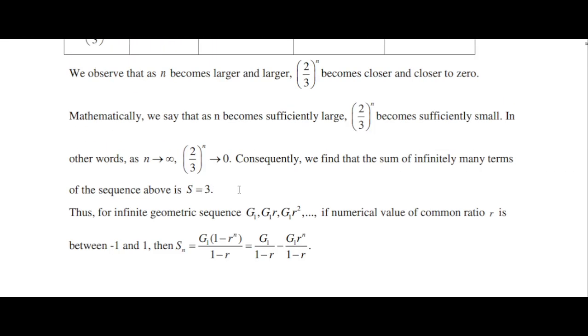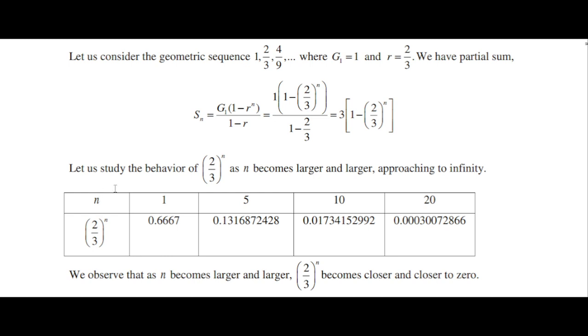Let us study the behavior of (2/3)^n as n becomes larger and larger, approaching infinity. Let's look at it. For n, when you substitute 1 here, (2/3)^1 is like this. (2/3)^5 is like this. (2/3)^10 is like this.